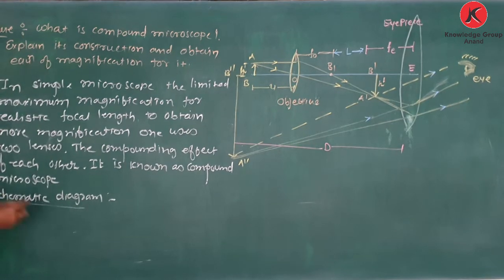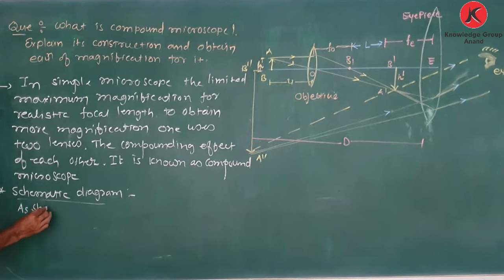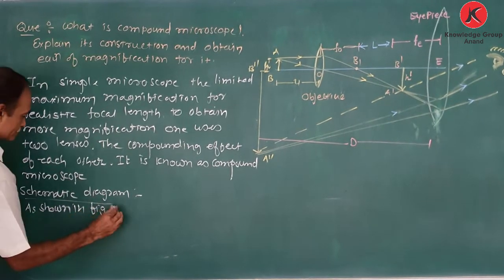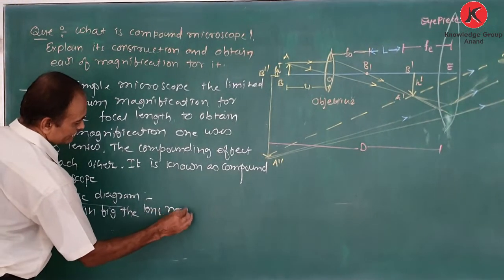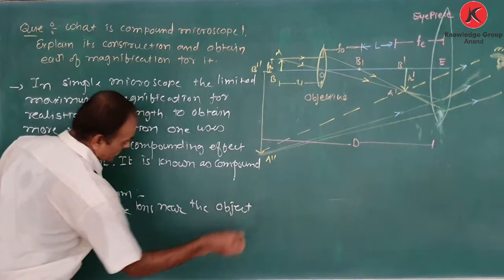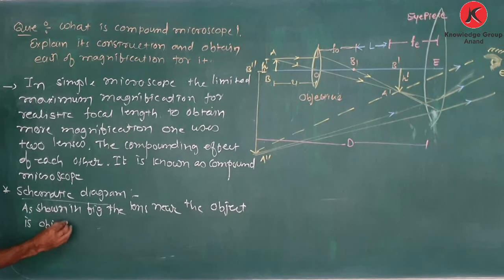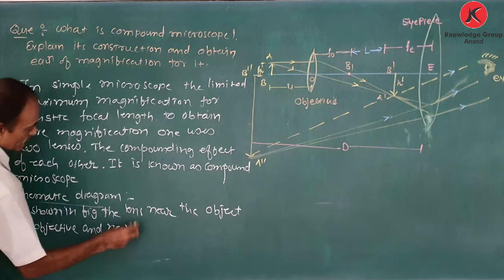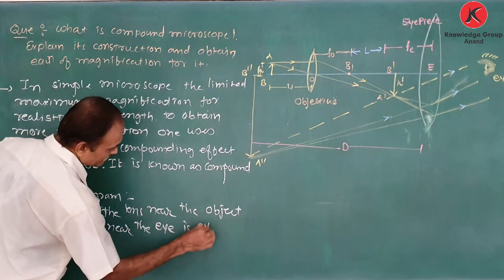Now, as shown in the figure, the lens near the object is the objective and the lens near the eye is the eyepiece.